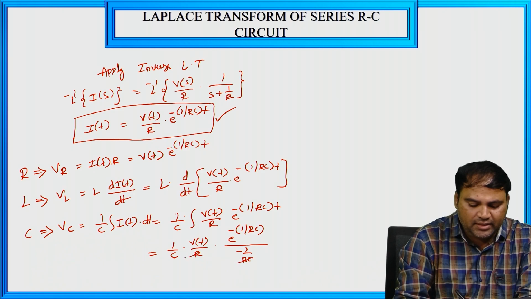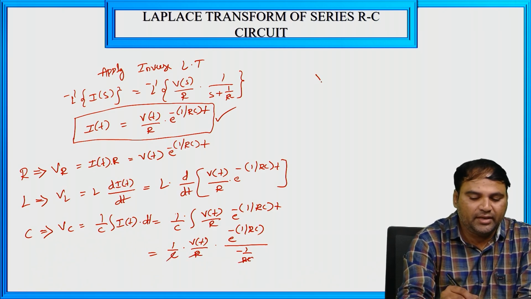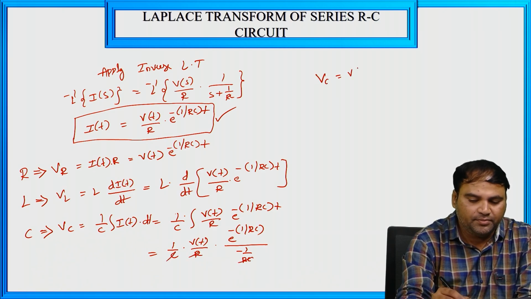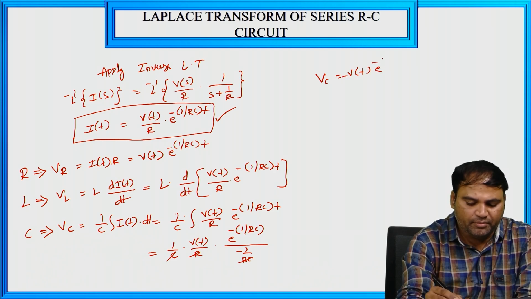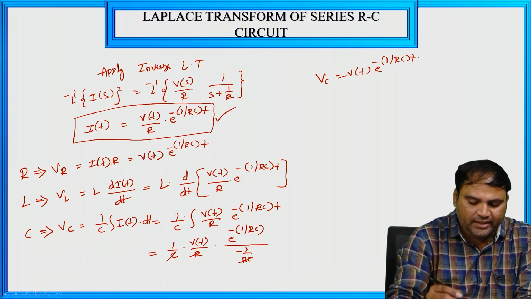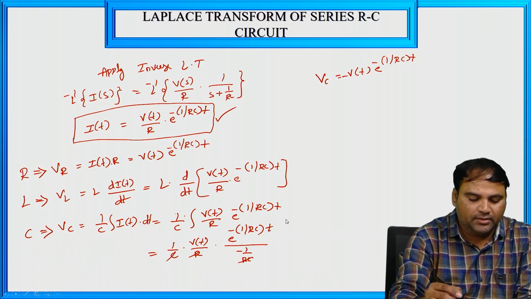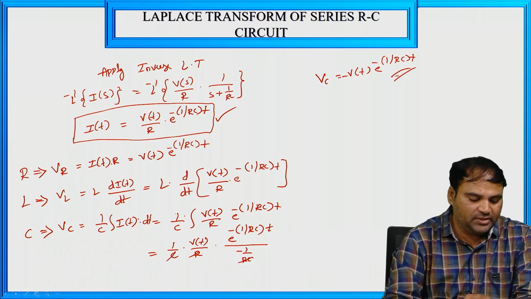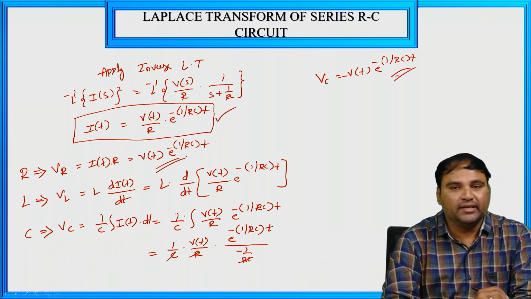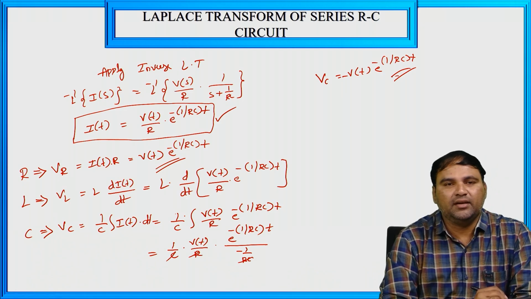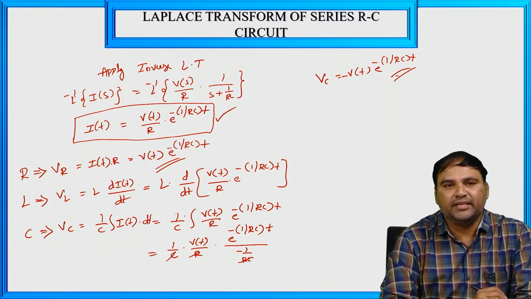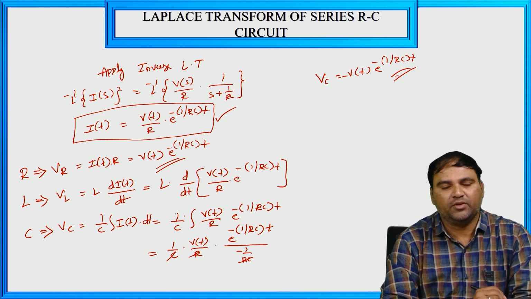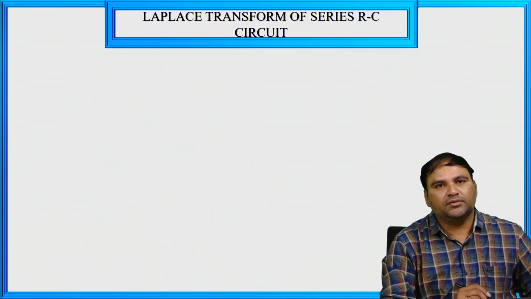So RC gets cancelled. Then VC equals V of t minus V of t into e to the power of minus 1 divided by RC into t. This is the voltage drop across the capacitor, and this is the voltage drop across the resistor. Here is the Laplace transform of the series RC circuit. Thank you one and all.